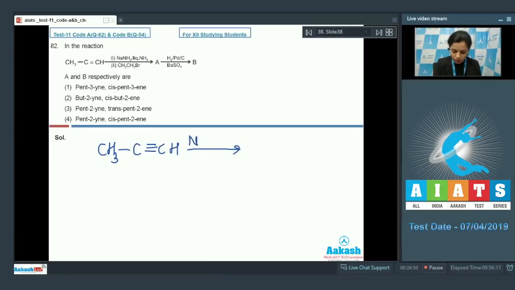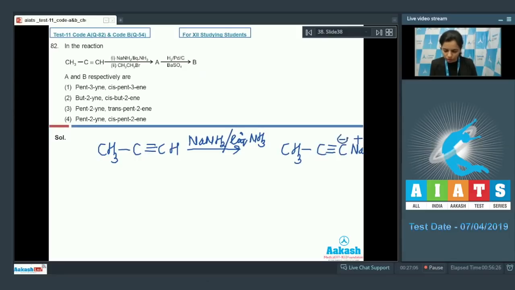When you treat it with NaNH2 in liquid ammonia, it is showing its acidic nature. There would be the formation of CH3C triple bond CNa. This type of compound is formed.